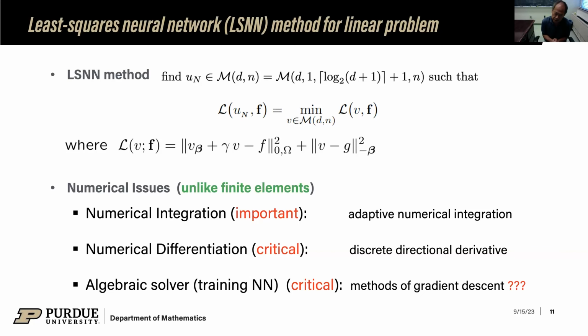You are violating the physics. That's the reason I'm writing this as a directional derivative. When you do the numerical differentiation, in this linear case, you should follow the direction. So instead, we're using the discrete directional derivative. This actually is very, very critical.